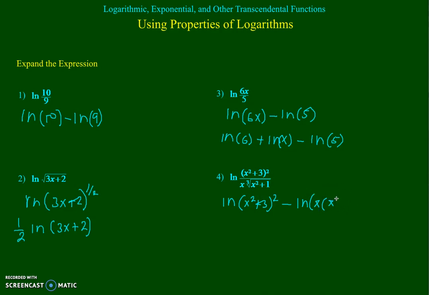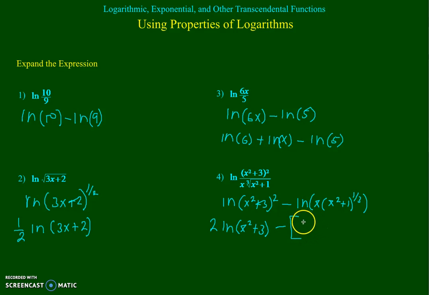We have x squared plus 1 to the 1/3, and close that off. So that's the first piece. We're just using the quotient rule. Now in this one we have the power rule, so I'm going to pull the power out front. And then the next one, in this part we have a couple of pieces, so I'm going to separate it out with a bracket.